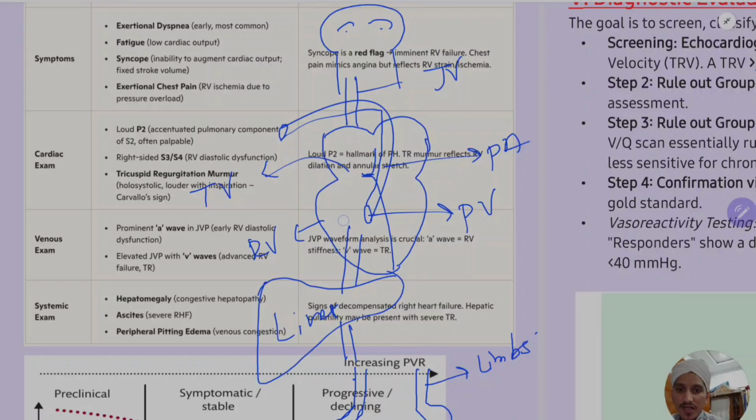So there is a rapid gush of blood flowing from the hypertrophied ventricle into the pulmonary artery. This produces a loud P2.